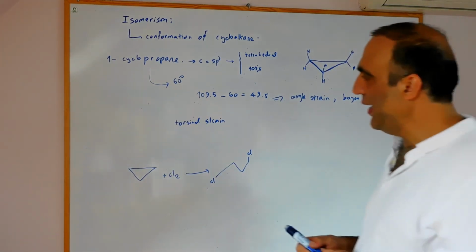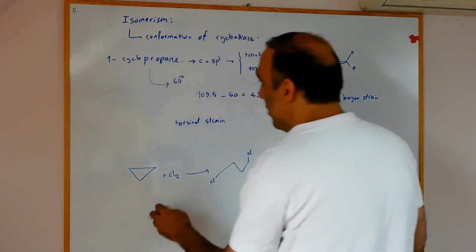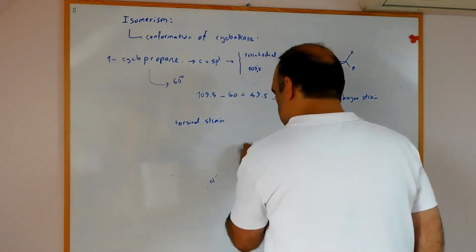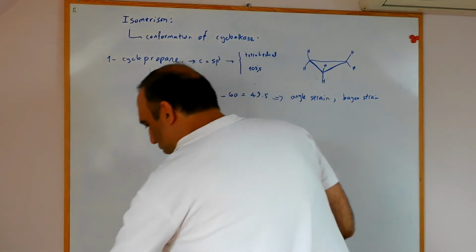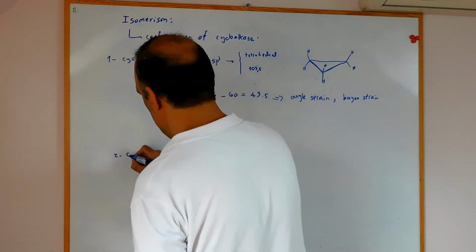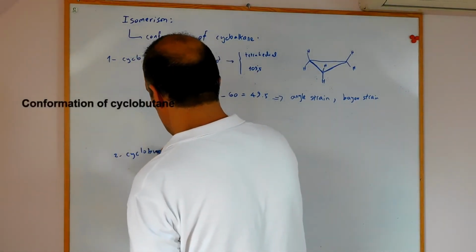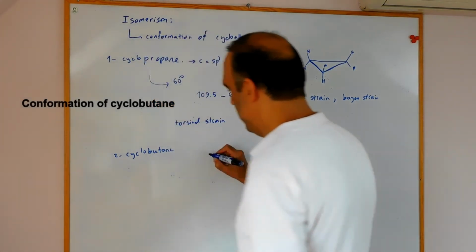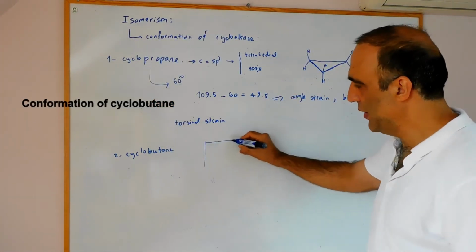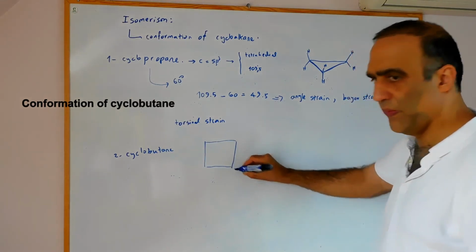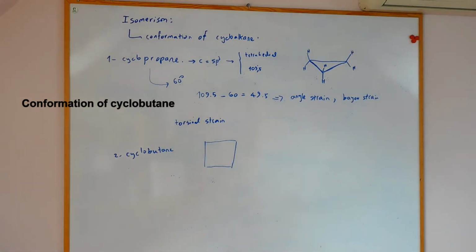The second compound is cyclobutane. For example, I drew like this shape. Okay?